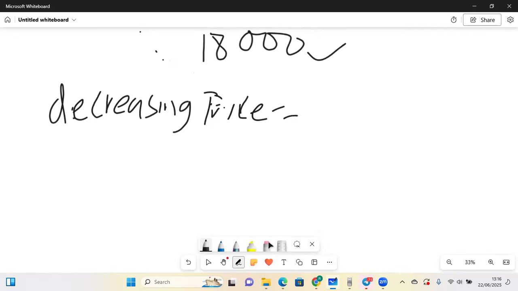Initially, the price was 70, so the contribution was 28. Now it has been reduced by 9, so our contribution will also be reduced by 9. So let's look at it here.